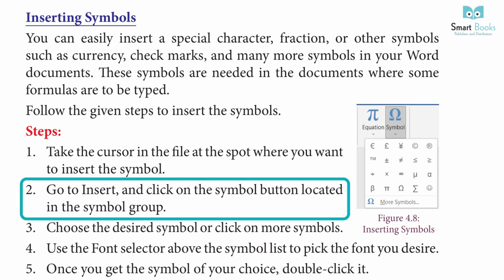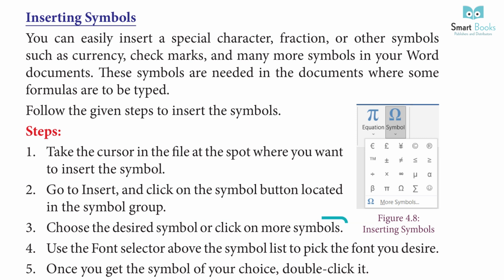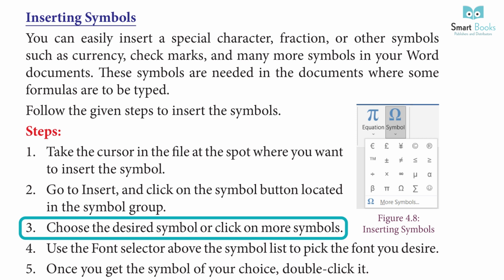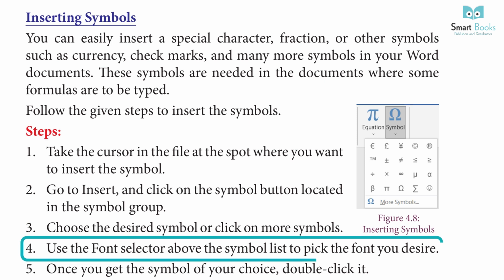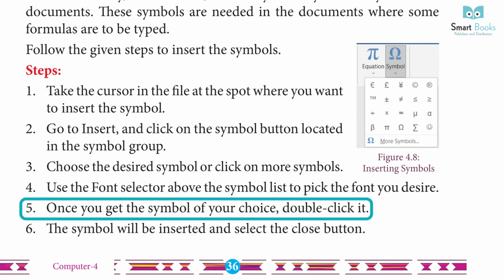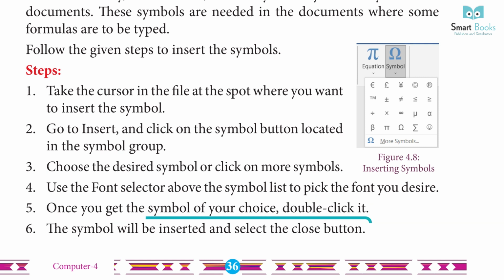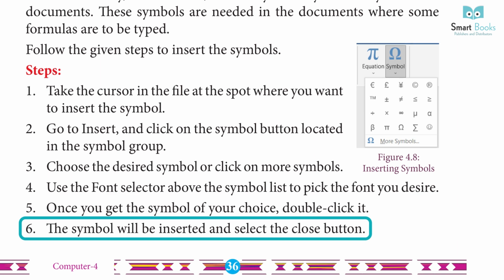Go to Insert and click on the symbol button located in the symbol group. 3. Choose the desired symbol or click on more symbols. 4. Use the font selector above the symbol list to pick the font you desire. 5. Once you get the symbol of your choice, double click it. 6. The symbol will be inserted and select the close button.